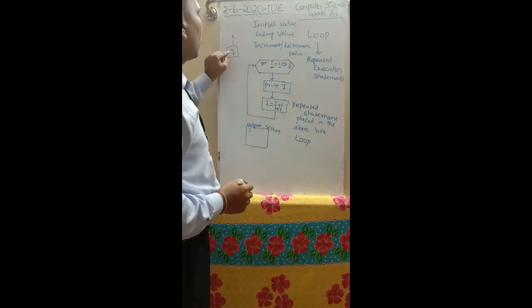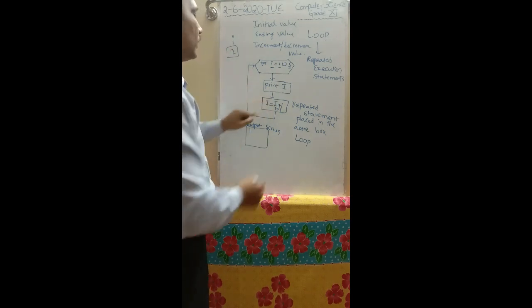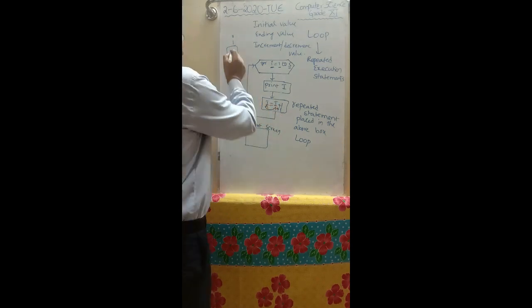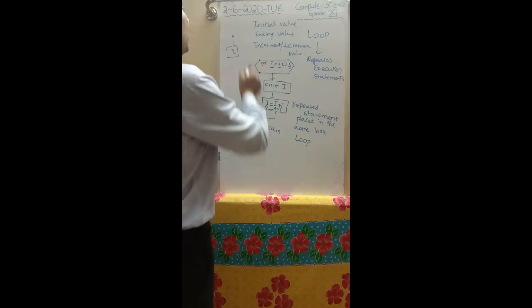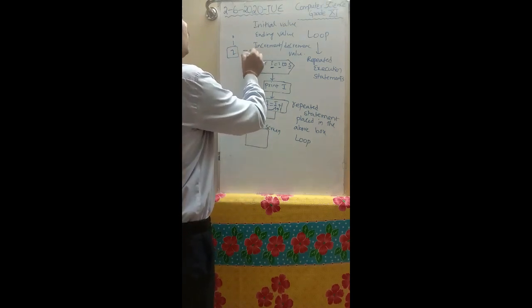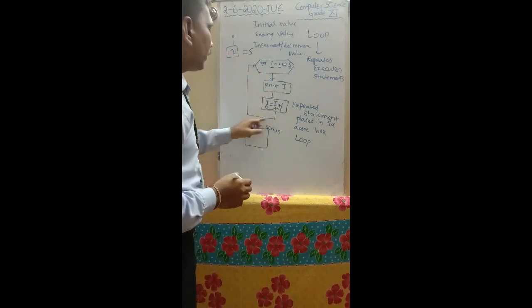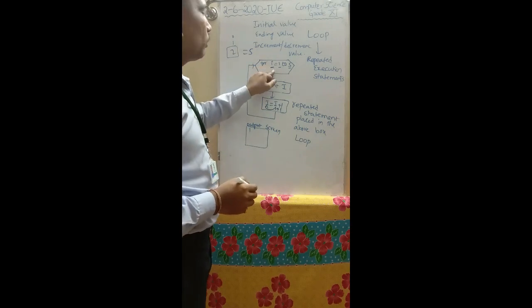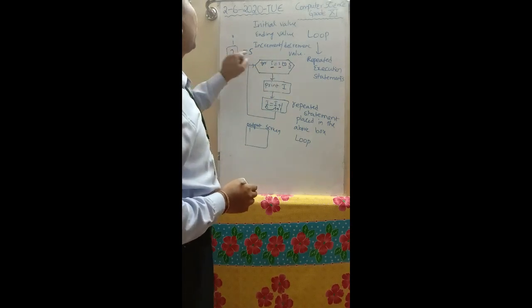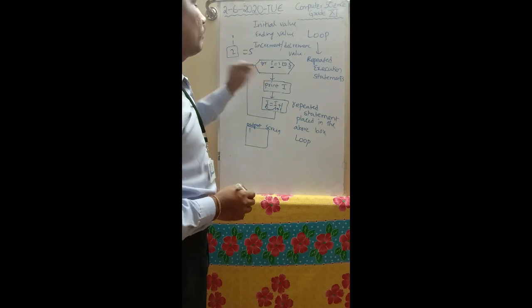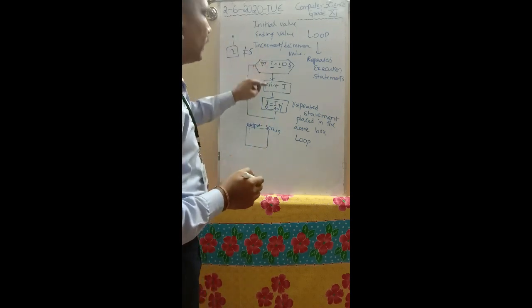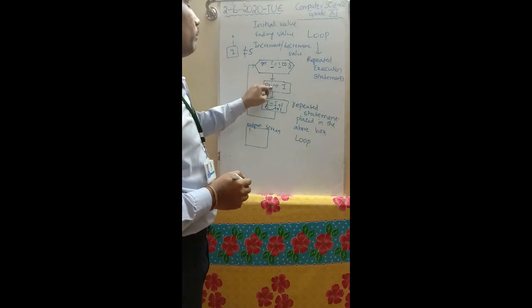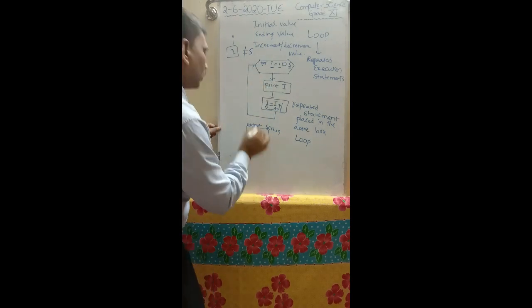Already I is 1, 1 plus 1 is 2, and that is stored in I. So I is 2 this time. Next, coming to this one, it checks whether I has reached 5 or not. Every time it comes to this loop, it checks whether I is 5 or not. No, I is not equal to 5. That's why it enters the next statement. Print I. Next it prints 2.